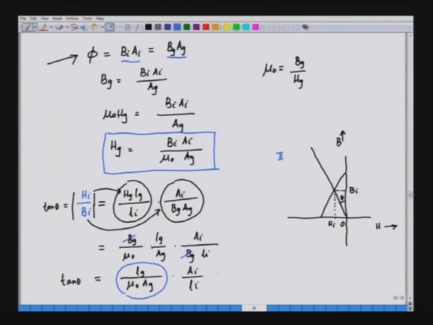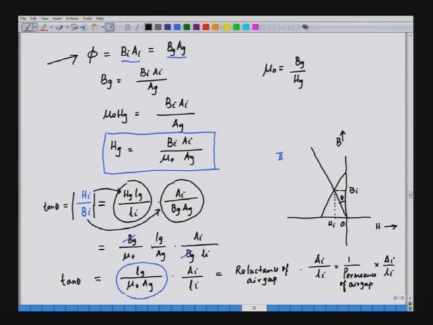So, this is equal to the reluctance of the air gap into Ai by Li, and that is also equal to 1 by permeance of air gap into Ai by Li.